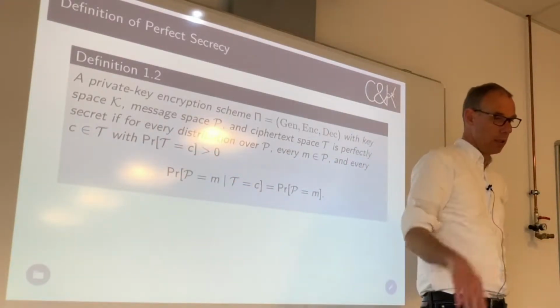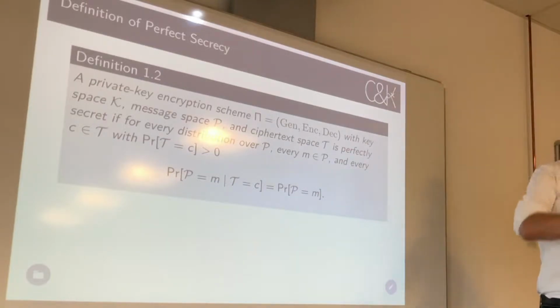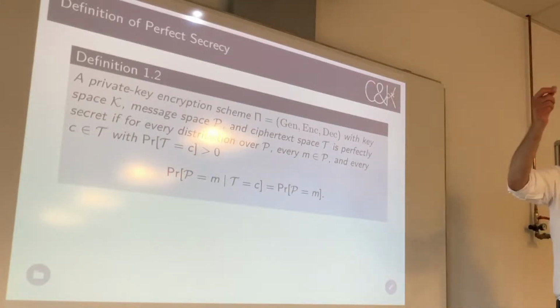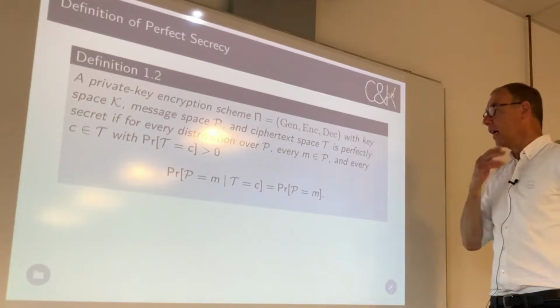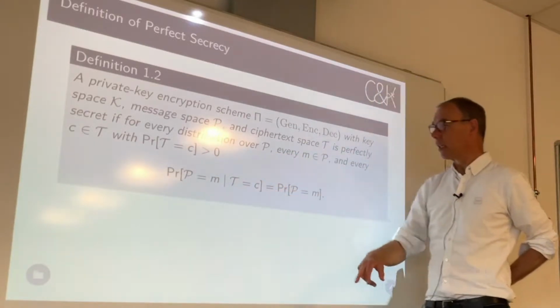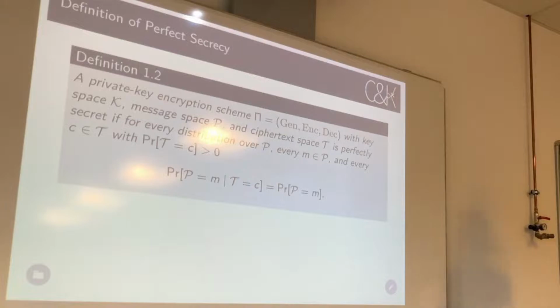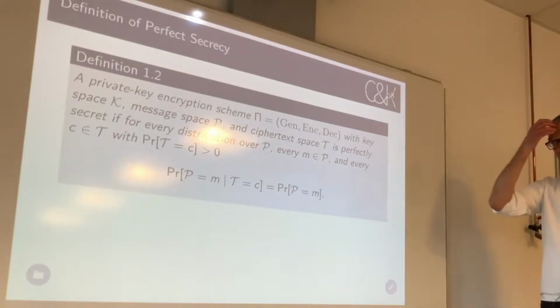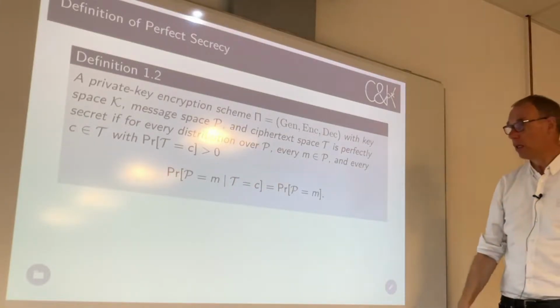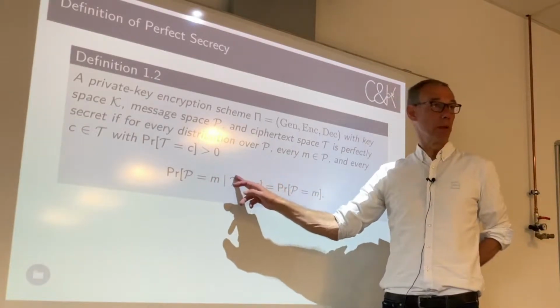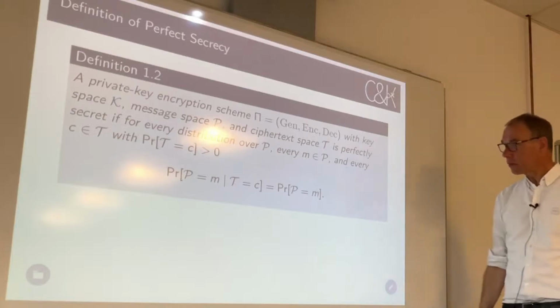We have this simple formula that splits this up into all pairs of keys and messages such that the message encrypts to this ciphertext given that key. All this makes sense, and then we can define in the usual way conditional probabilities as simply the ratio of the conjunction of these two events divided by the probability of this event alone.